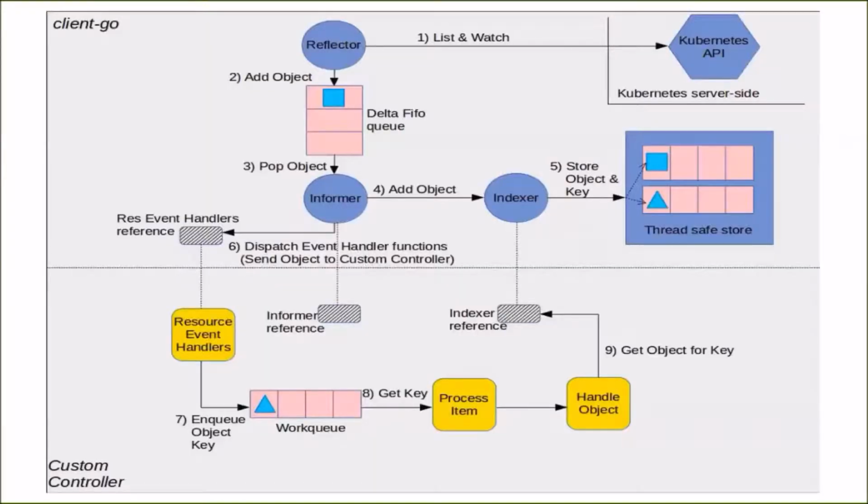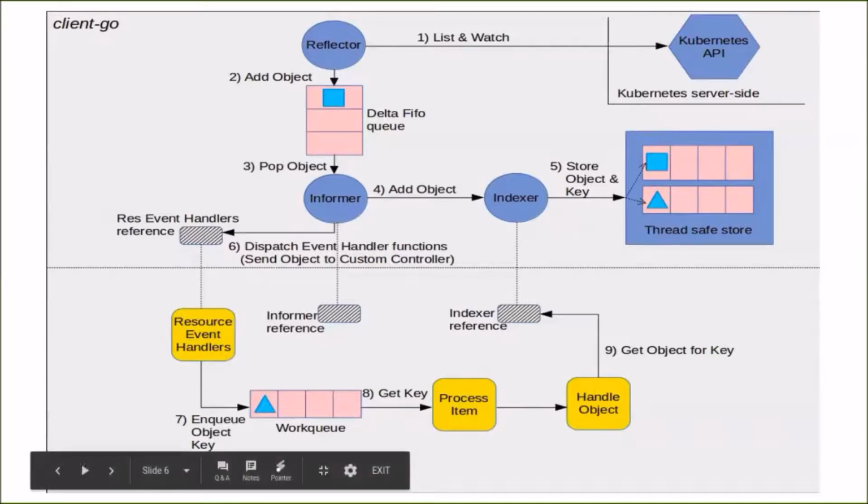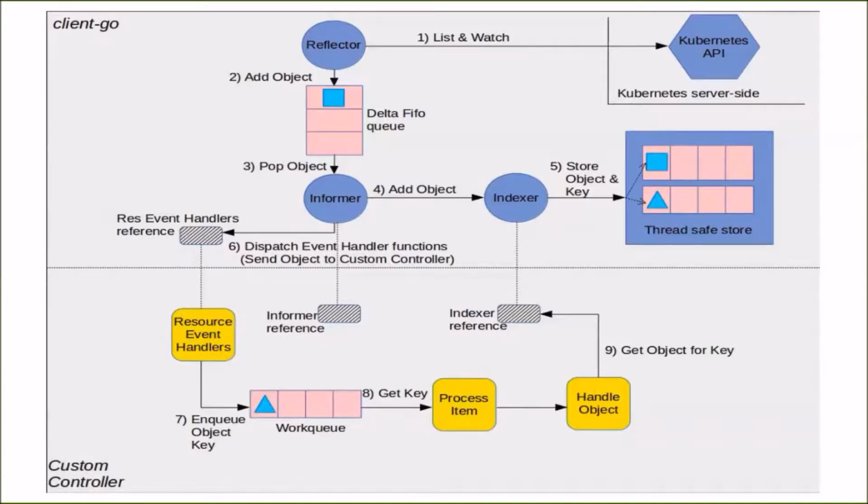This is how a custom controller and client Go interaction will look. We have a reflector here at the top of the screen. You can see it will be doing a list and watch, number one. Number two, you can register for listing and watching whatever resources you want.